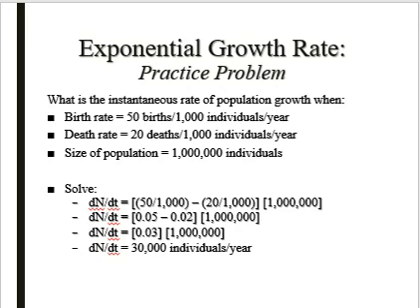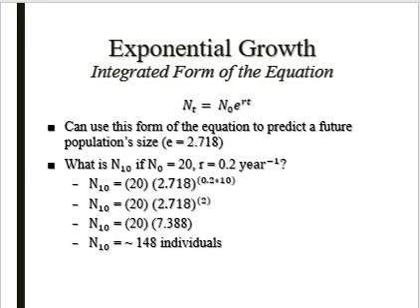Now there's one of two equations that we can use to calculate exponential growth. There's an integrated form and a differential form of the equation. So this is, again, the general equation that's used. The integrated form of the equation allows you to measure or calculate the population size at any period of time, so any time value.